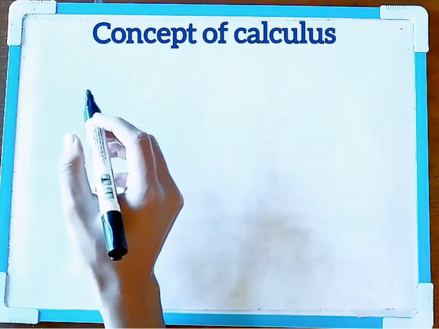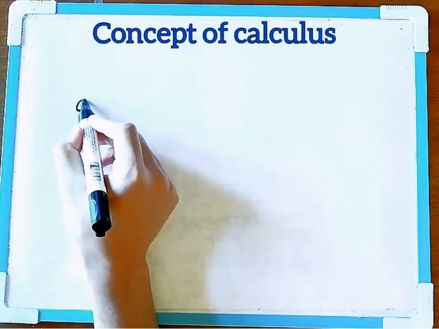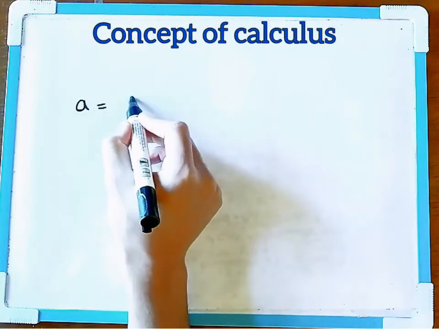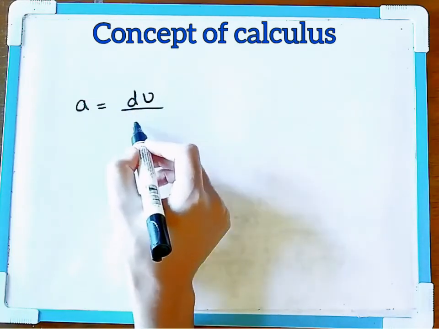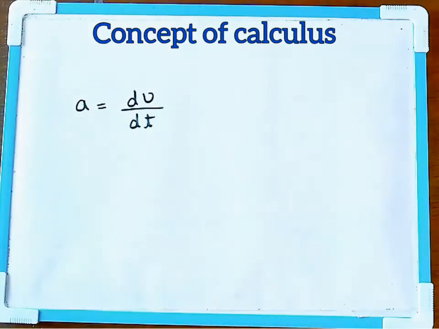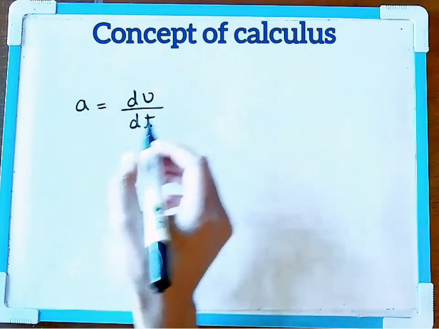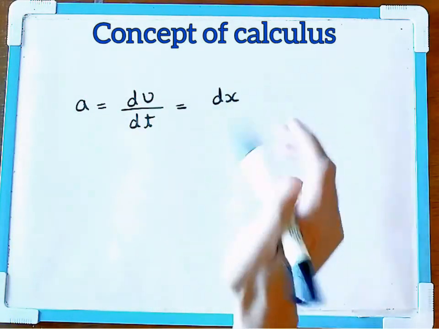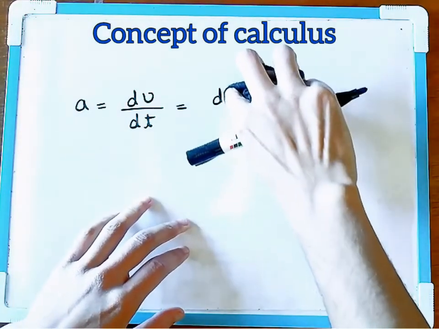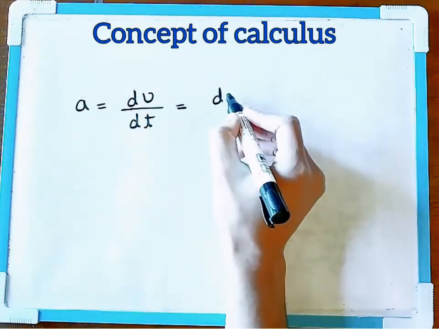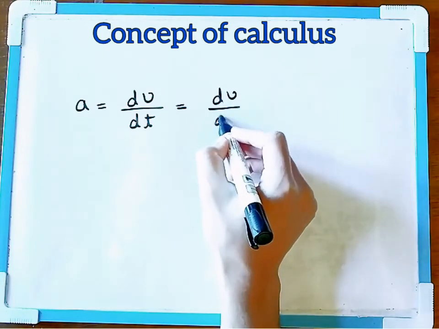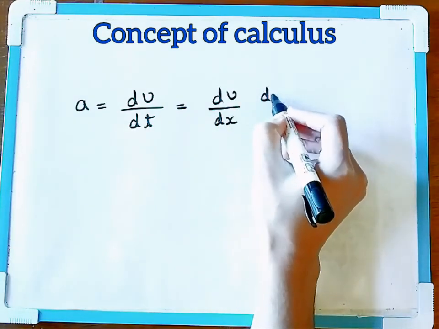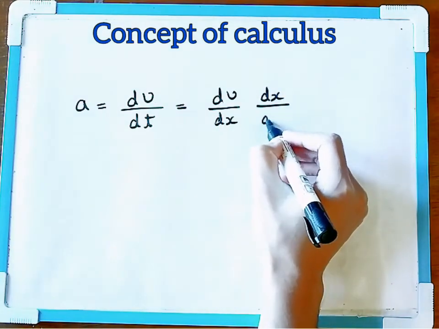Next is to derive the third equation of motion. So what we'll do here is, again, your instantaneous acceleration is equal to dv by dt. Then I can write this as dv by dx, but I'll write here dx also, dx by dt.